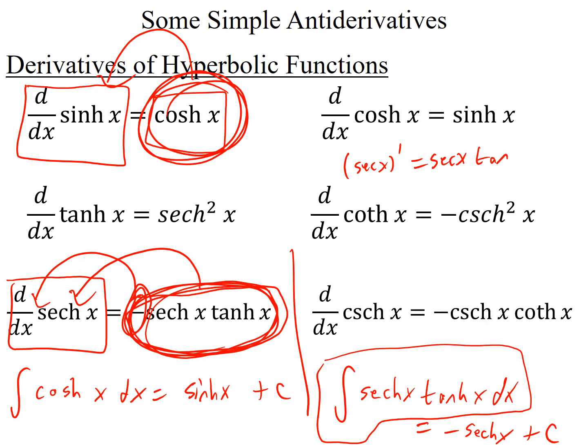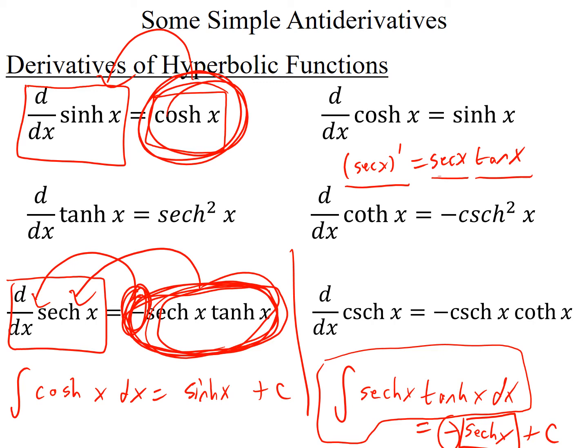So you might guess that the derivative of hyperbolic secant is hyperbolic secant, hyperbolic tangent, and you're close. Just there's this negative sign. So it gives you an idea. The answer wasn't secant, hyperbolic secant, but it has this extra negative sign. Okay, so again, the more derivatives you know, the more antiderivatives you know.